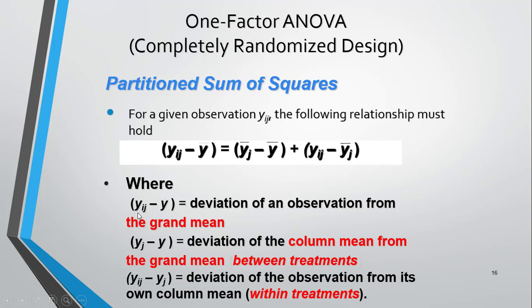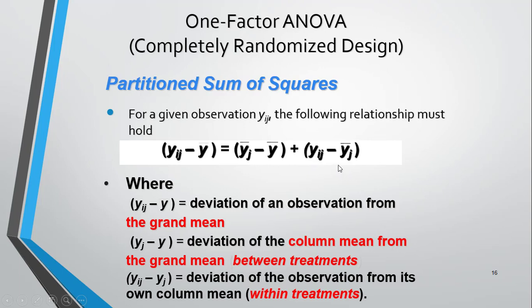And what's Yij minus Y bar? That's the deviation of each and every observation from the grand mean. And this one here, Yj bar minus Y bar, sorry, I'm missing the bars because of the software, is the deviation of the column mean from the grand mean. We call that between treatments, because this is contributed by the different types of treatments, the different j groups.